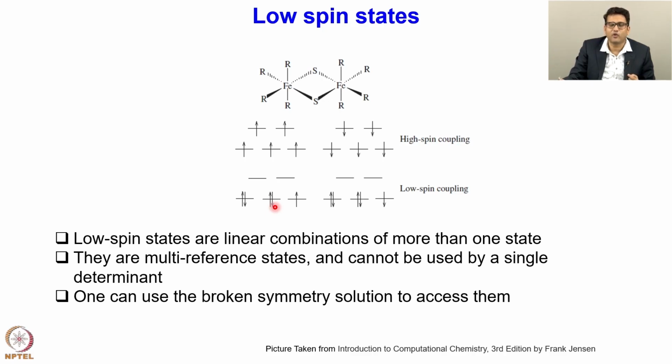So, this is not a general approach, but you can access a few of the low spin states by using the broken symmetry solution, and we will see an example where we do the broken symmetry solution to go to a low spin singlet state. Now, remember, this broken symmetry solution can only be used with the unrestricted picture. Using the restricted open shell picture, you cannot get a broken symmetry solution. So, with this knowledge, we will now go to some practical examples and try to run calculations and see how the results look.